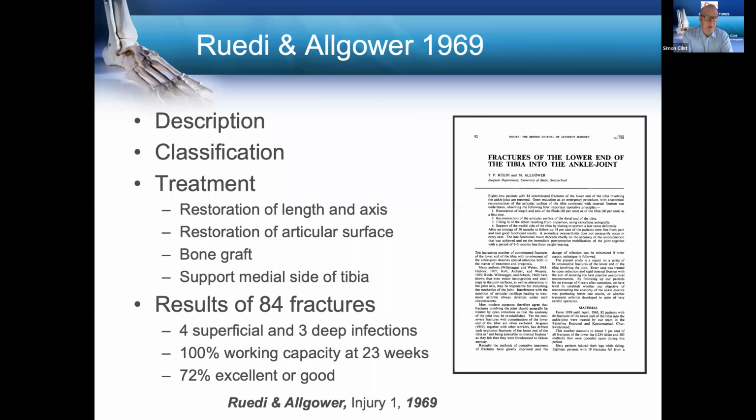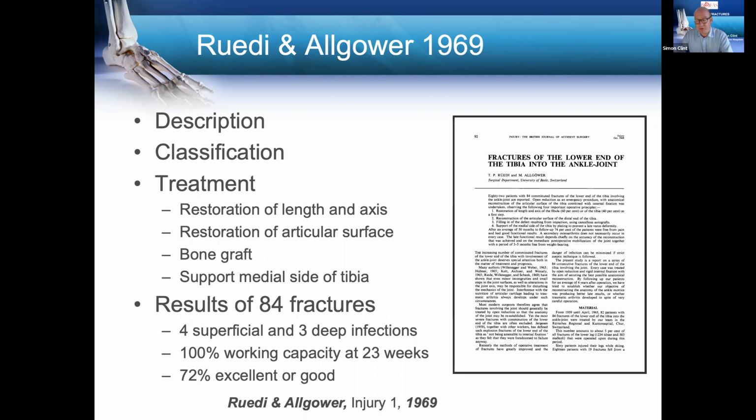They were the first to really describe the mechanism and the fracture pattern. They classified it, and they outlined the principles of their treatment, which were to restore the length and the axis, usually by plating or fixing the fibula in some way, to put the articular surface back together.